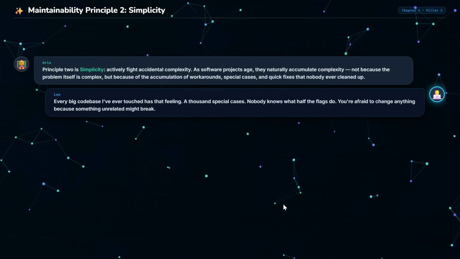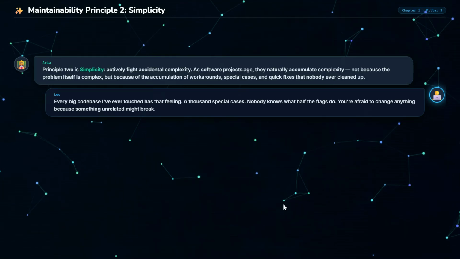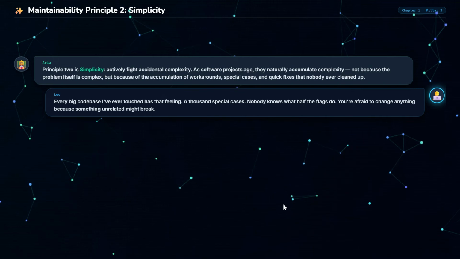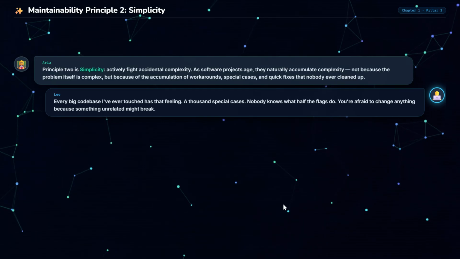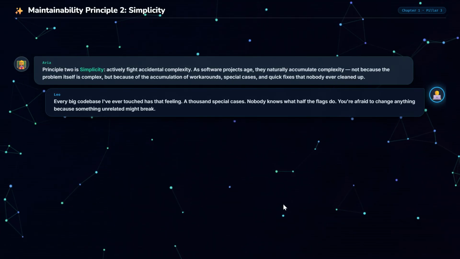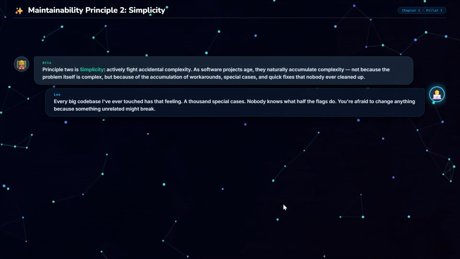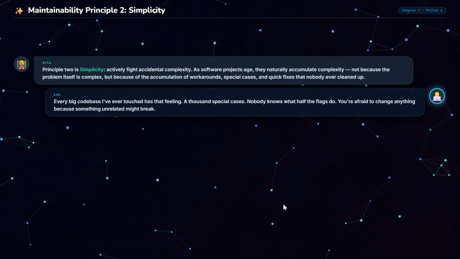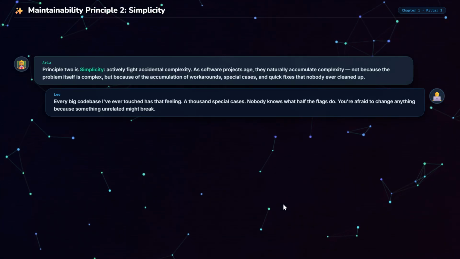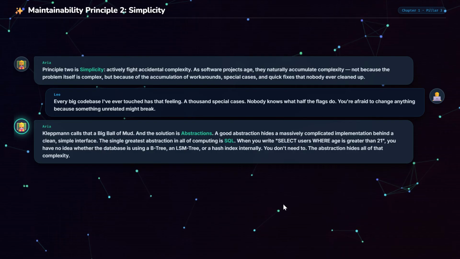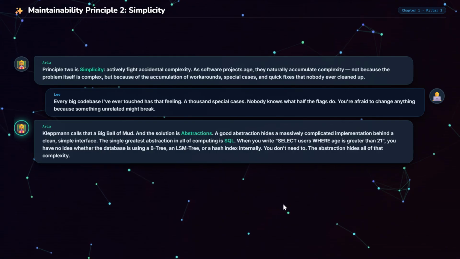Every large code base I have ever touched has exactly that feeling. 1,000 special cases. Nobody knows what half the configuration flags actually do. You are terrified to change anything because something completely unrelated might randomly break. Kleppmann calls that state a big ball of mud.